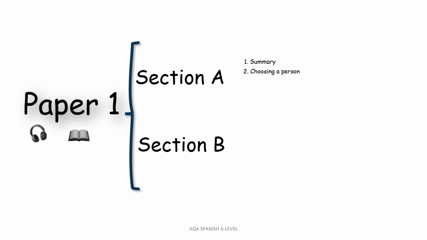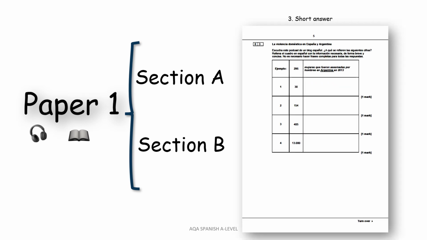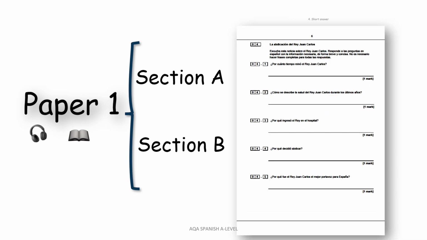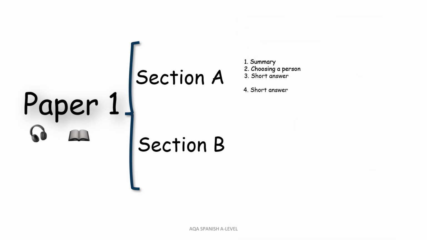It's like a who is who game. Or answer with short responses like this one. Or this one. Taken together, you will need to summarize, select a person or deliver short responses, but not necessarily in that order.